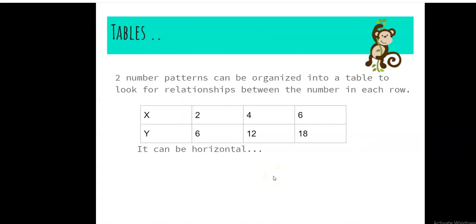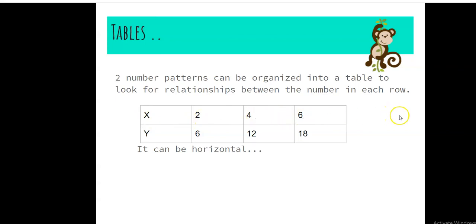And now we're going to talk about tables. We use tables to organize these numbers so that we can start analyzing them. Here we have 2 number patterns organized into a table so that we can look for a relationship between the numbers in each row. One row is labeled row X, and I have the pattern 2, 4, 6.